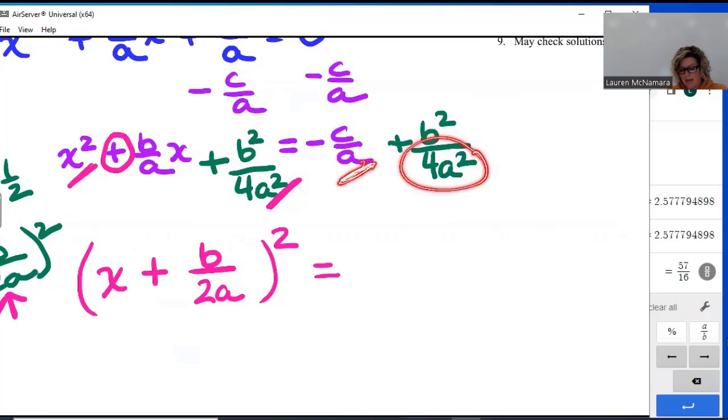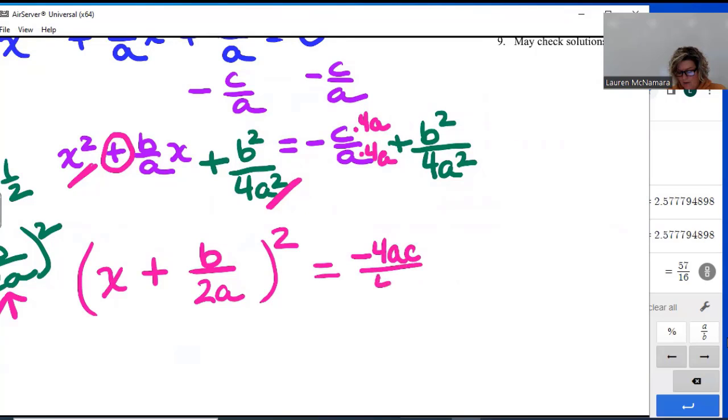So what do I have to multiply a by? I have to multiply it by 4a, which means you multiply the numerator by the same thing. So I'm going to rewrite it now for a second. So I have negative 4ac divided by 4a squared.